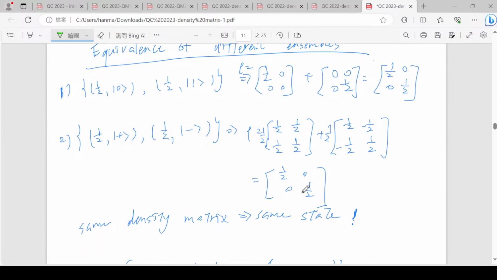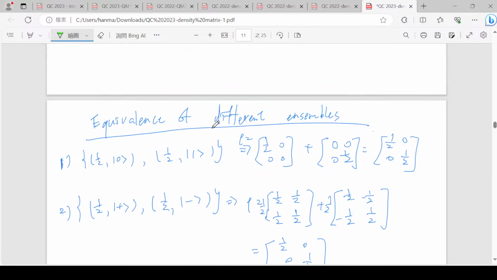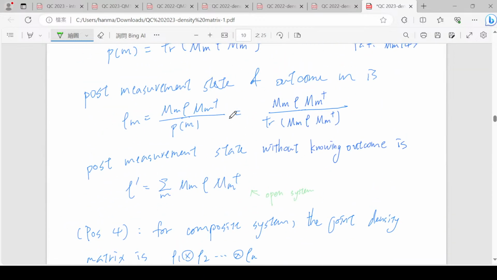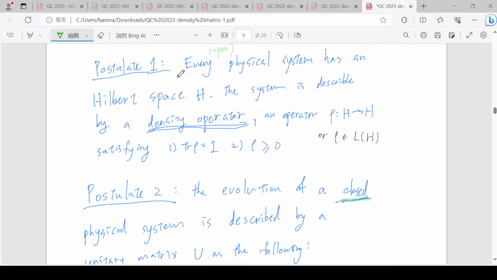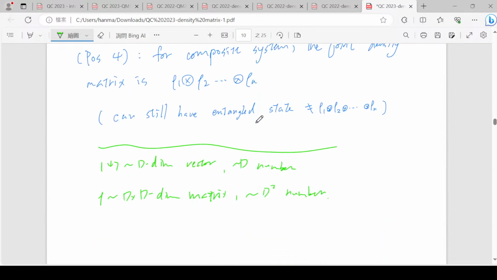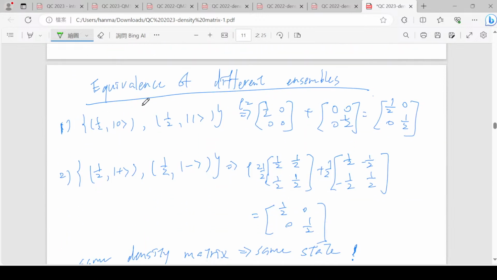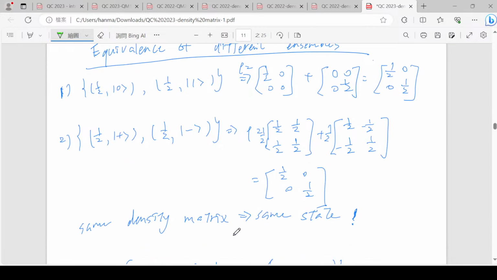You see here we have this weird example where you feel these two ensembles are very different, because one of them is in the 0-1 basis and one of them is in the plus-minus basis. They feel very different, but by all the things we've done before, they are physically equivalent to each other, if you don't know which one it is in. So it's a little weird, but it's actually useful.